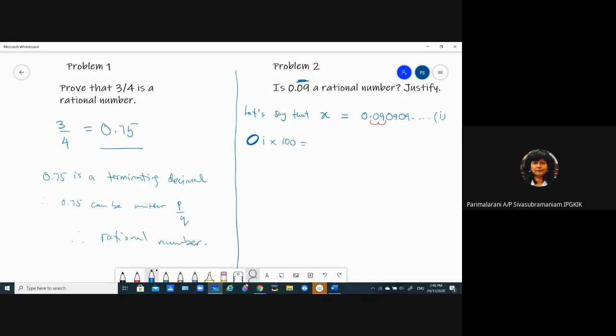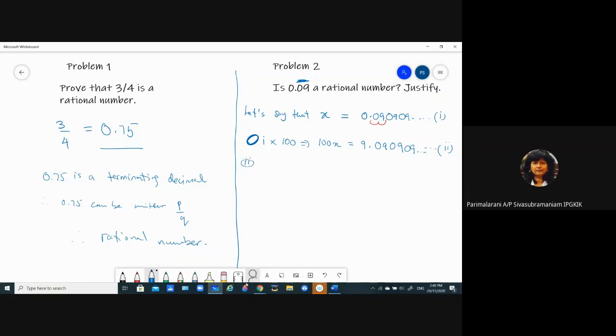Therefore, we get 100x equals 9.0909, and so on. It doesn't matter how many digits we write because it is continuing. So this is our equation 2.